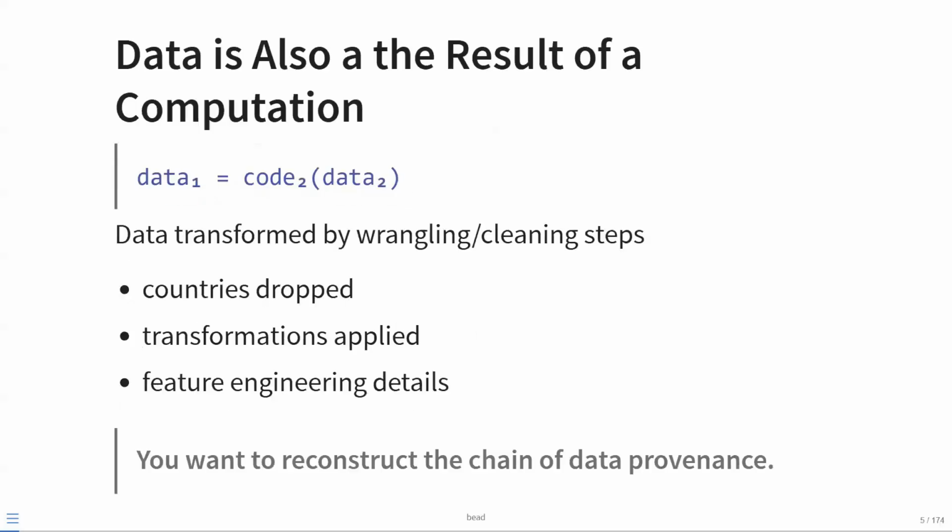Let's go one step back in that chain. Luckily, that is also the result of some computation. There was some raw data that you downloaded from wherever you got it from, and then made some transformation. You might have been dropping countries from the analysis because they are outliers, or you apply transformation to the variables or other feature engineering details to your statistical model.